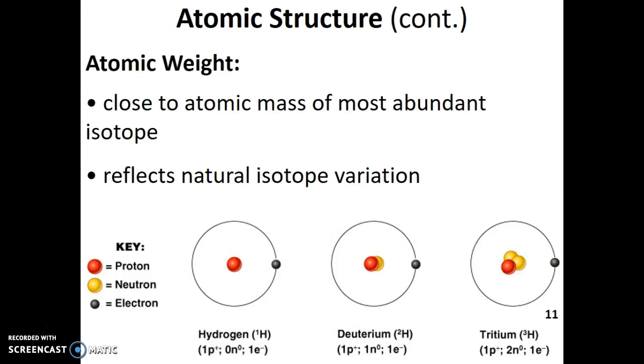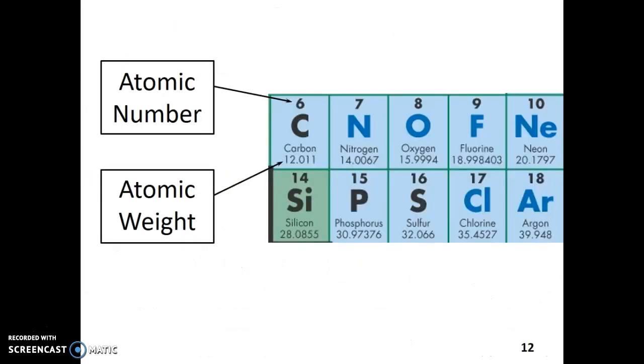But they have to take into account the deuterium and the tritium forms. So there you can see carbon. Carbon has 6 protons, 6 neutrons in its normal form, but its mass is actually 12.011 because we do have carbon 13 and carbon 14.